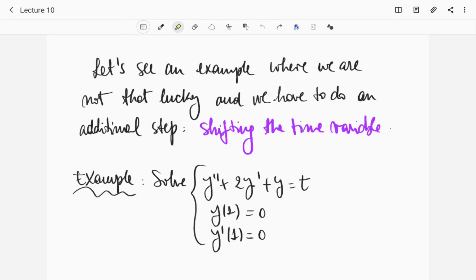Let's see an example where we are not that lucky and we have to do an additional step, which is shifting the time variable.